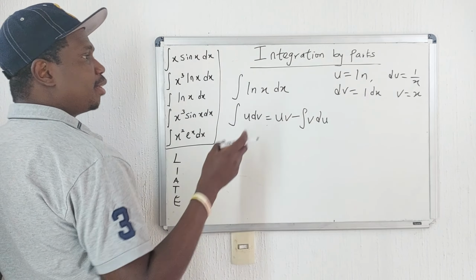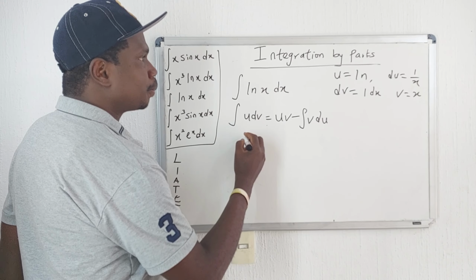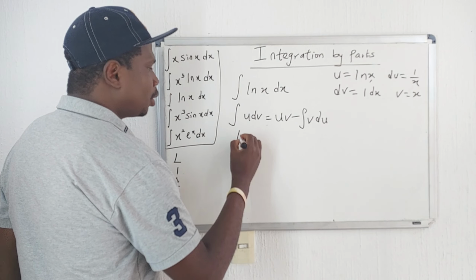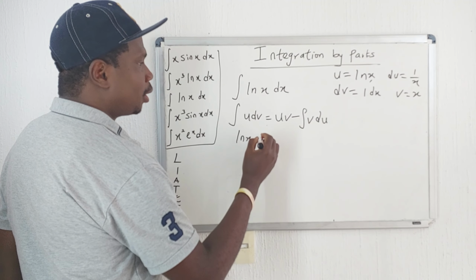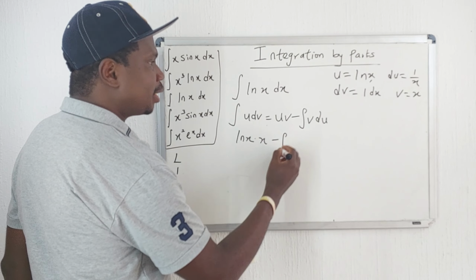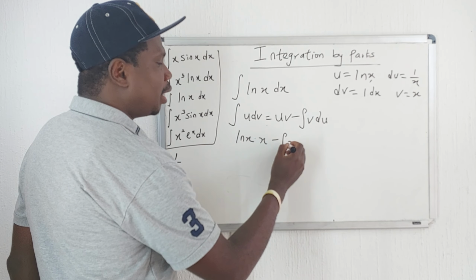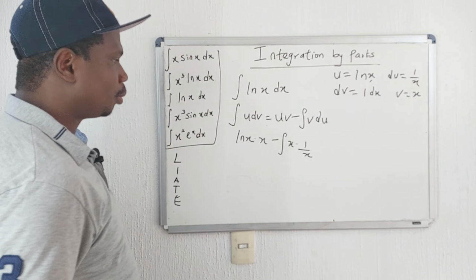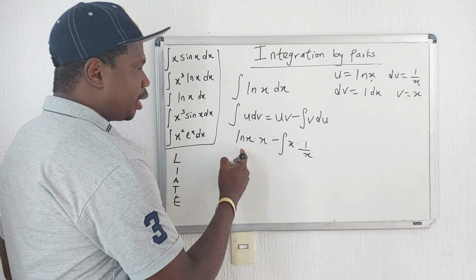So substituting these values, I have u is what? ln x. v is what? Dot x minus integral v is what? x dot 1 over x. So I can bring out this x here.